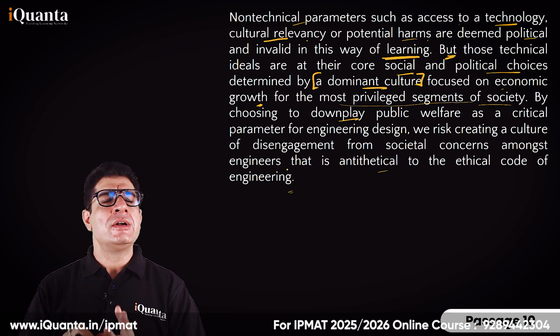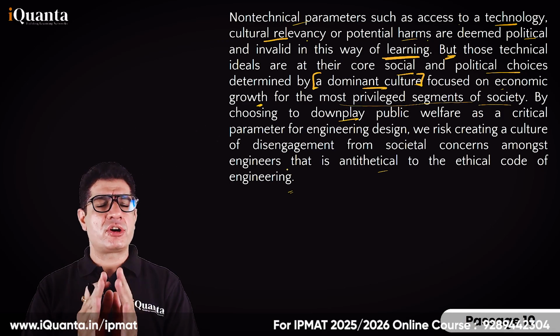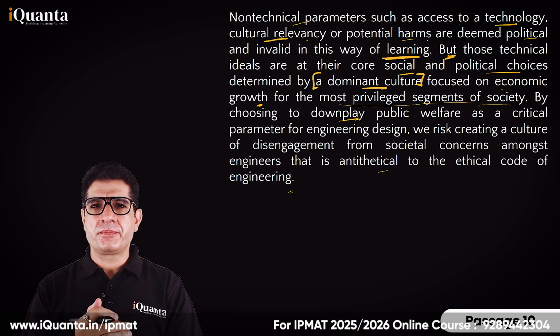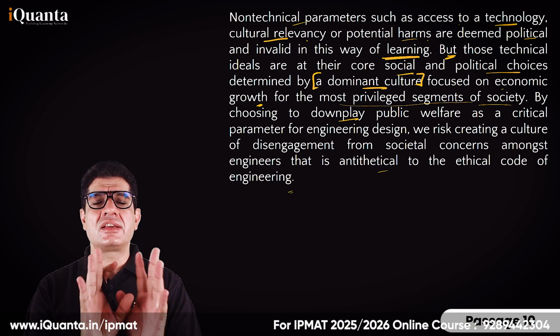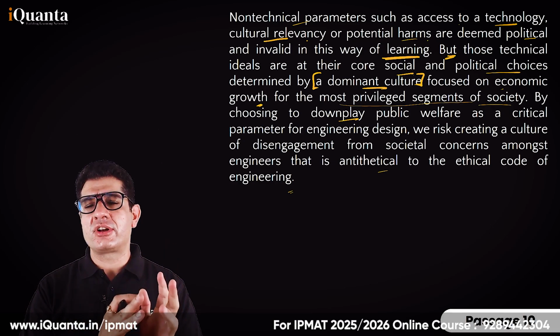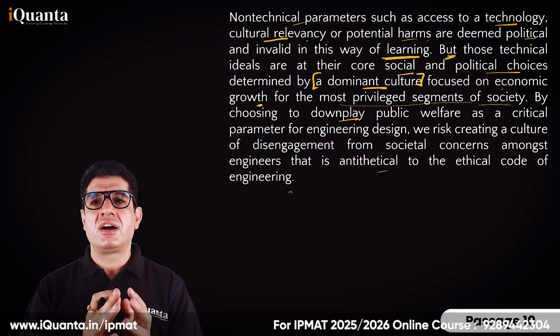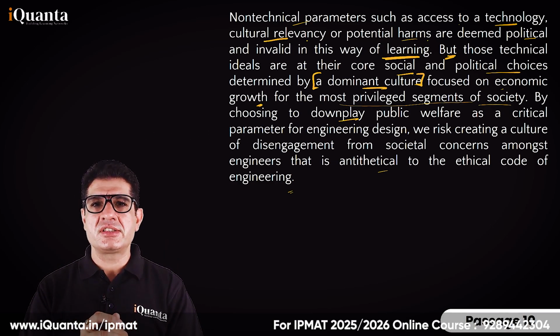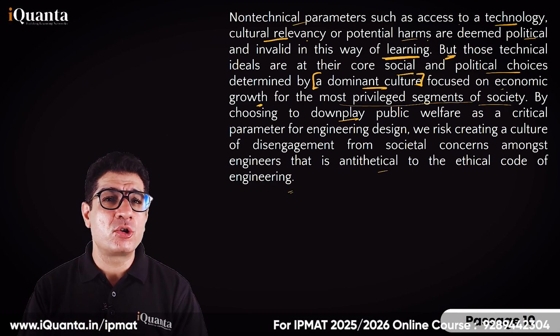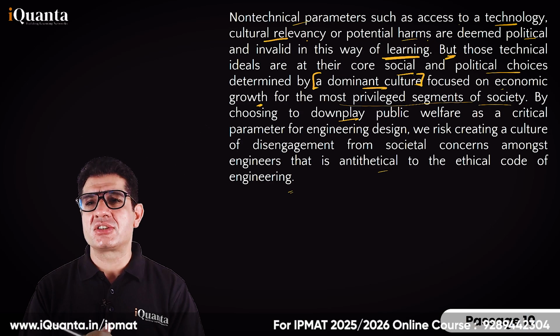So let's read it. So far the author has built a case that you may focus on technology, you may say that these other things are social or political, but the truth is that even that focus on technology is being driven by social and political choices. And the goal of those choices is to produce economic growth for those who are already rich.